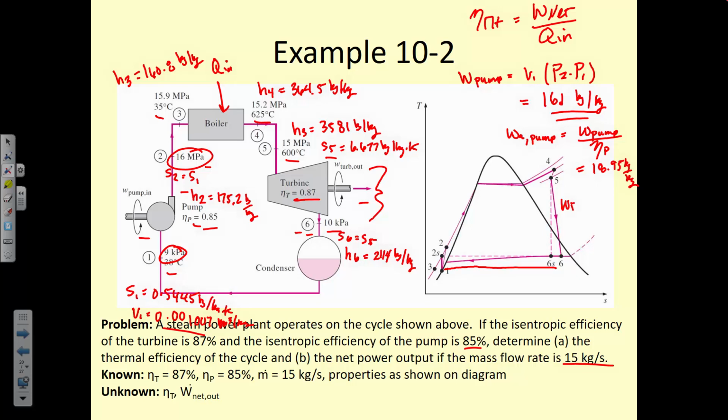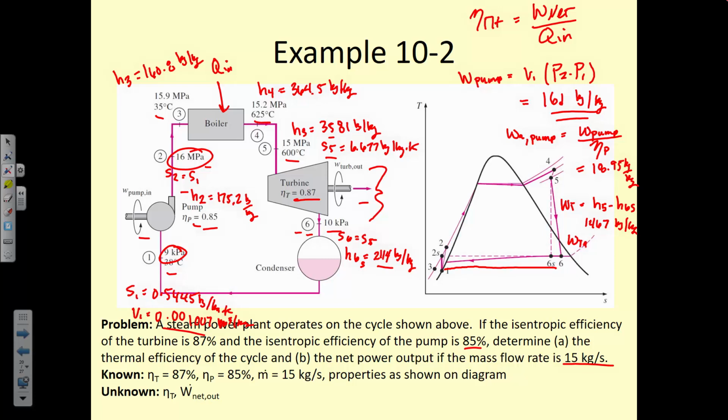Similarly, the work of the turbine is equal to H5 minus H6S. So we plug in the numbers. We looked up H5 and we found H6S, the isentropic state. We calculate that to be 1467 kilojoules per kilogram.